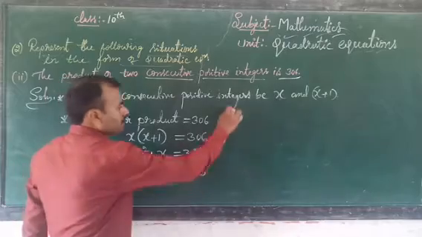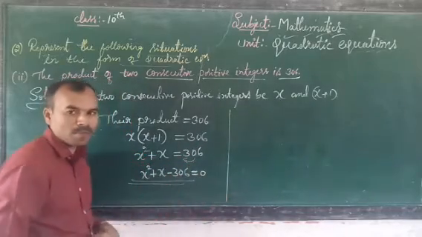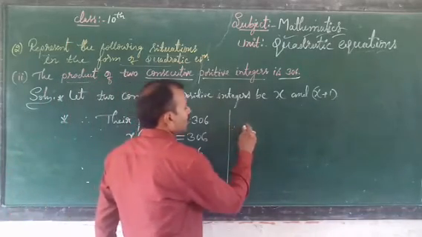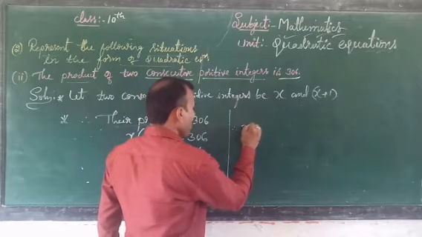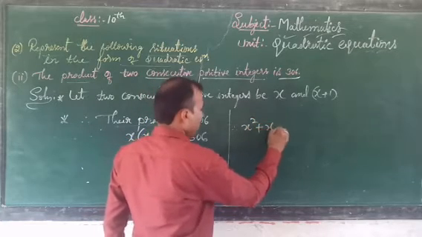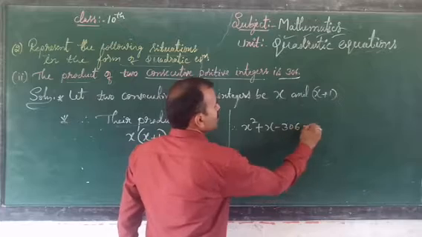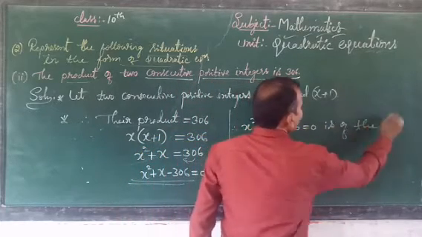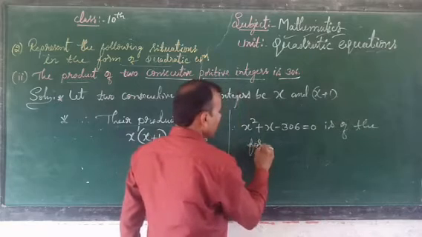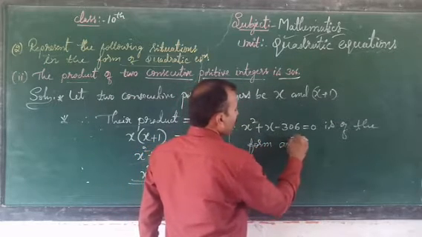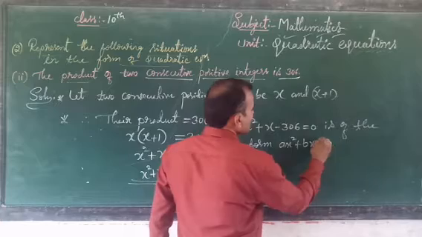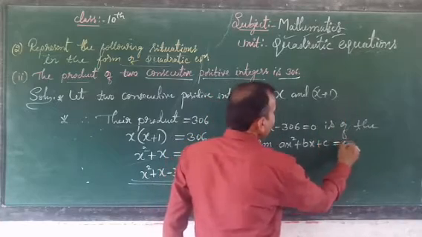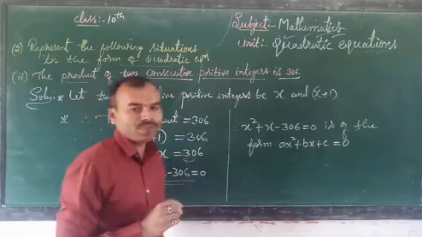Dear students, this is of the form ax square plus bx plus c equals 0.